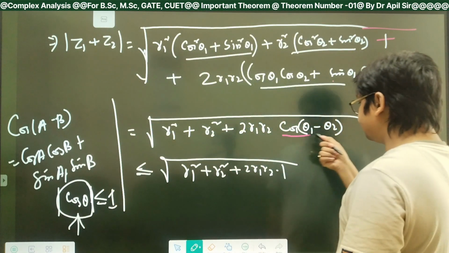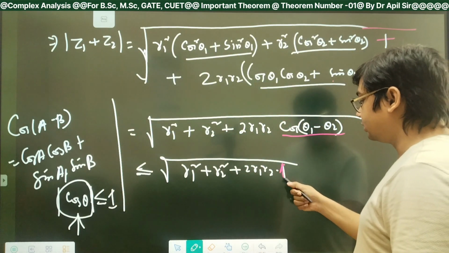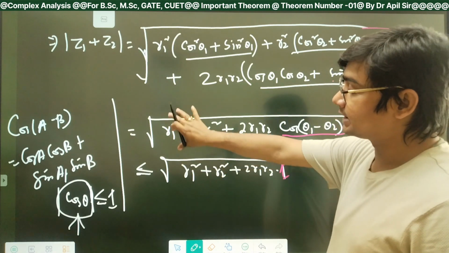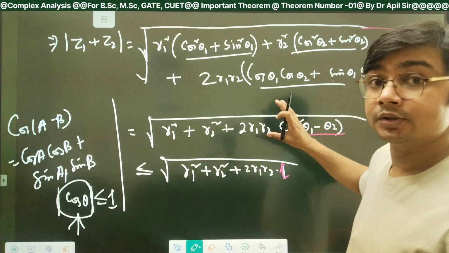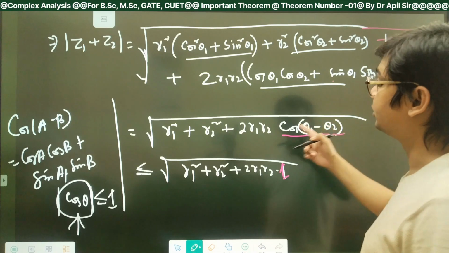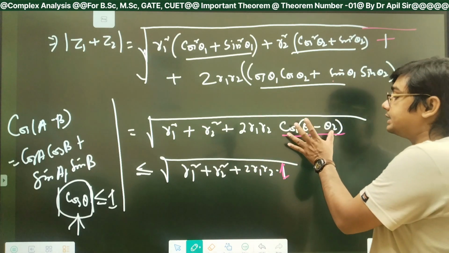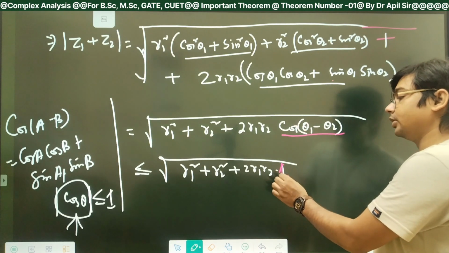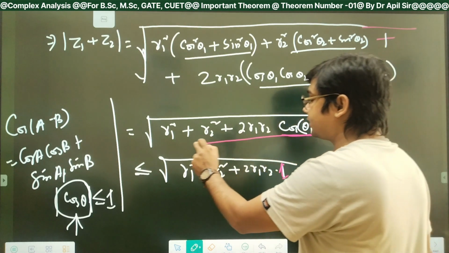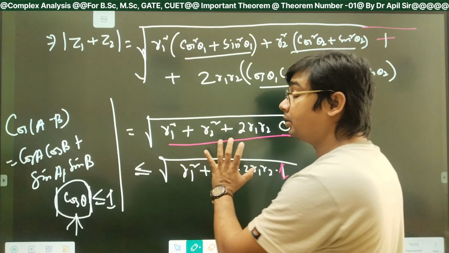If we put 1 in place of the cosine, this value is the maximum, so the expression is either this or less than this.